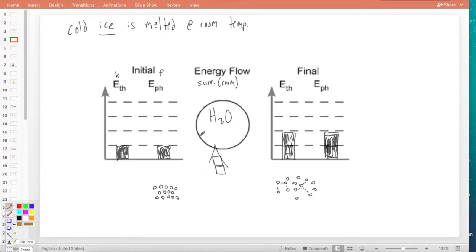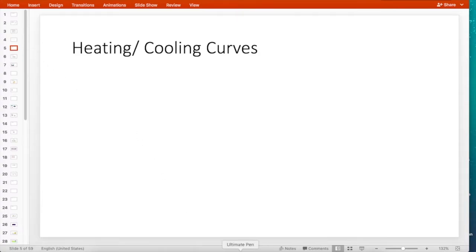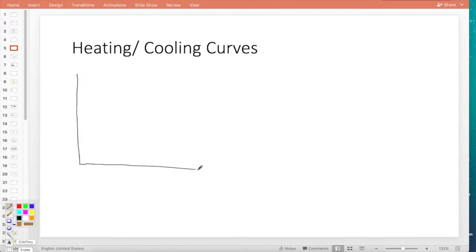So all this should have been review, but now I want to introduce a new way of talking about this exact same process. And this is through using something that is known as a heating or a cooling curve. Every substance on Earth has its own unique graph to show how it heats and cools and to show how it changes phase.